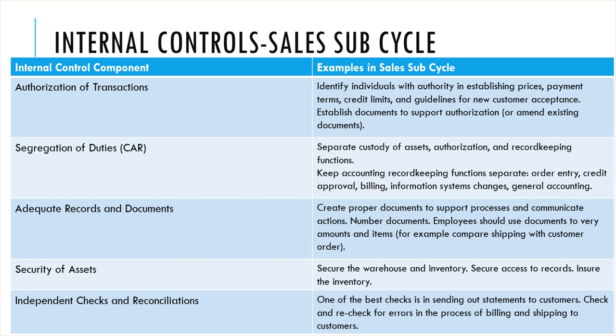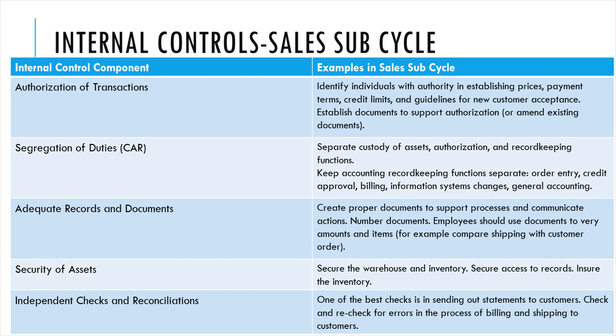And what I'm having here in front of you is the specific things that relate directly back to just the sale transaction. So who authorizes a sale? Who authorizes the price of the sale? The credit limits. If you're putting a new customer in the system, who says whether we can accept the customer?